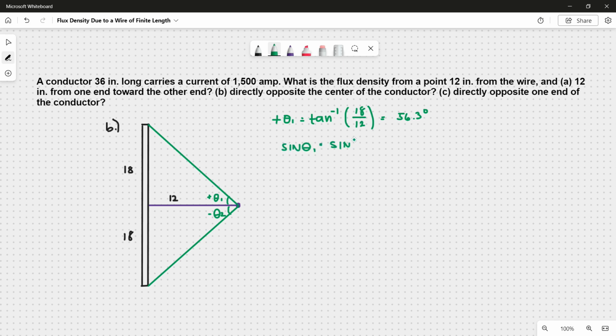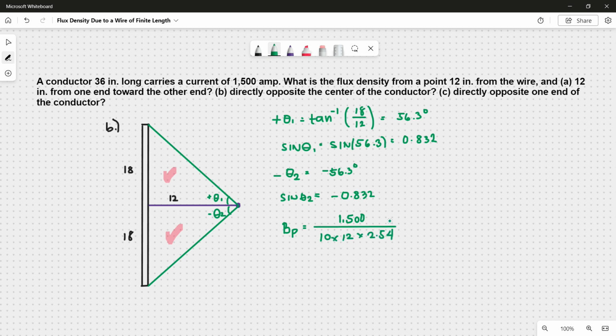Substitute to sine theta, and that will give us 0.832. Since both sides are basically congruent, theta 2 will produce the same value but negative. Plugging these into our formula, this will give us 8.19 Gauss.